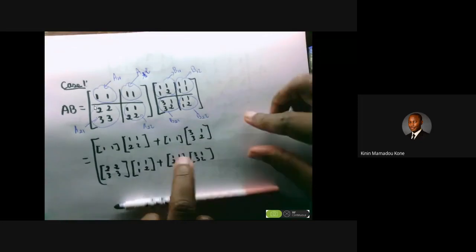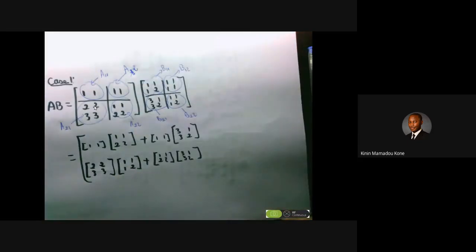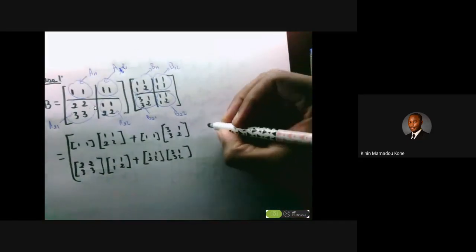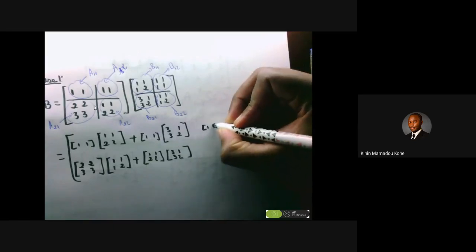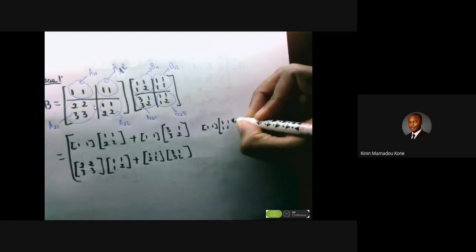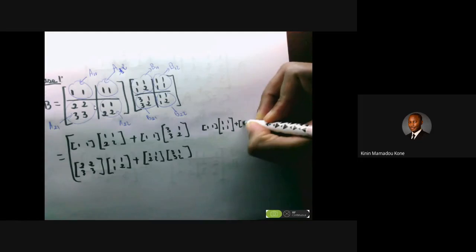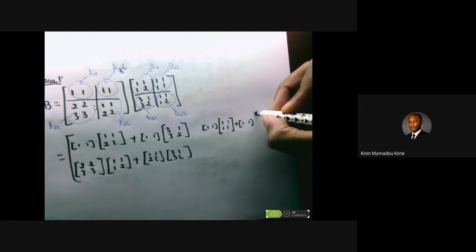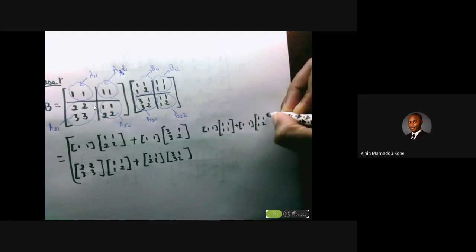Now we're moving on. We did this times this, and then this times that. Now I'm moving to the second column. So now everything is going to be stored in this box. Now take this second column. So row here times column here, and then row here times column over here. So that's going to be 1, 1 times 1, 1, 1, 1, plus 1, 1 times 1, 1, 1, 2.